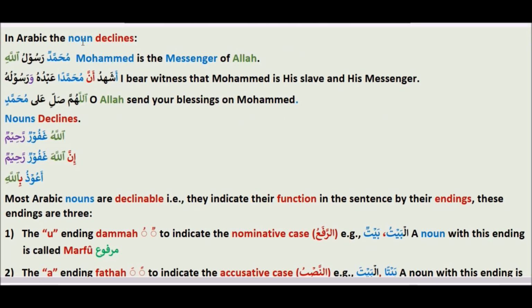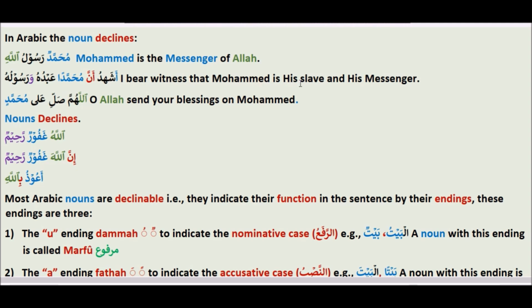In Arabic, the noun declines. Muhammadun Rasulullahi. Anna Muhammadan Abduhu wa Rasuluhu. Allahumma salli ala Muhammadin. You see, it has two dhammas, done. This has two fathahs, done. And this has two kasras, Muhammadin. Muhammad is the messenger of Allah.